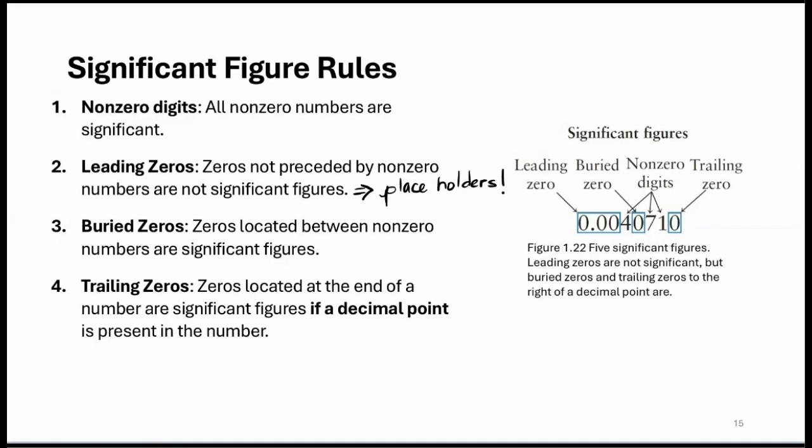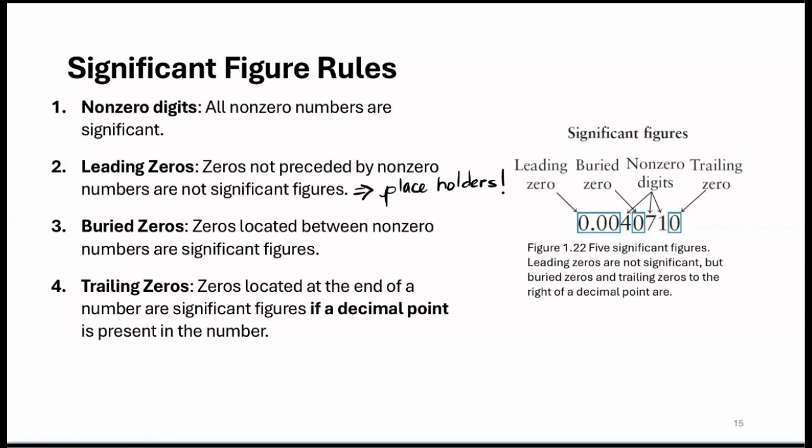So we can see in the example on the right where our leading zeros are. Next, we have zeros that are going to be buried. Buried zeros are zeros located between non-zero digits, and those are going to carry meaning. We can see in the measurement that we have a buried zero right here.